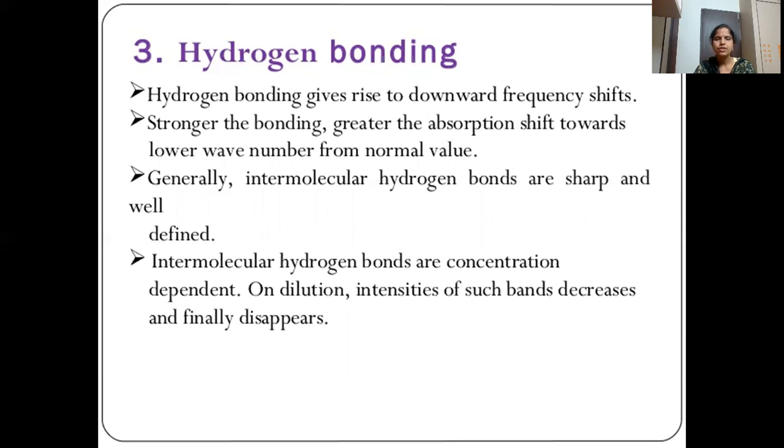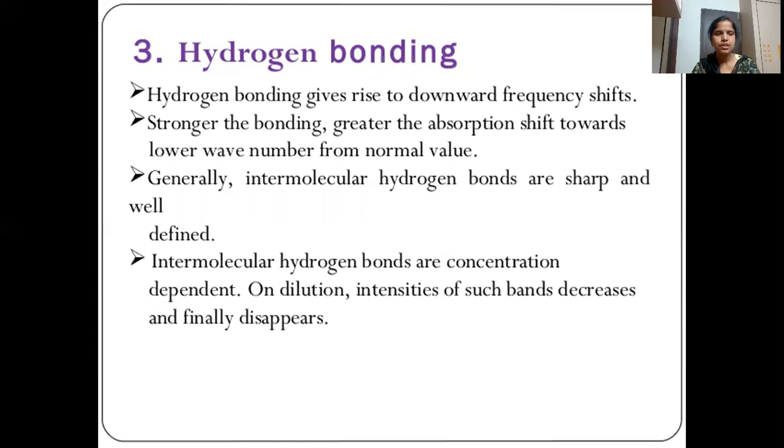Intermolecular hydrogen bonding means the hydrogen bond formed between two different molecules, whereas intramolecular hydrogen bond is the hydrogen bond which is formed within the molecule. So how to differentiate between these two? We can do that by this IR study.